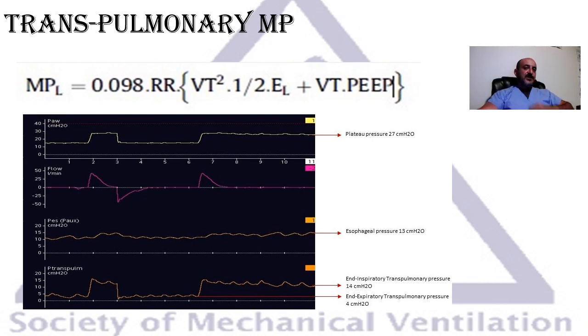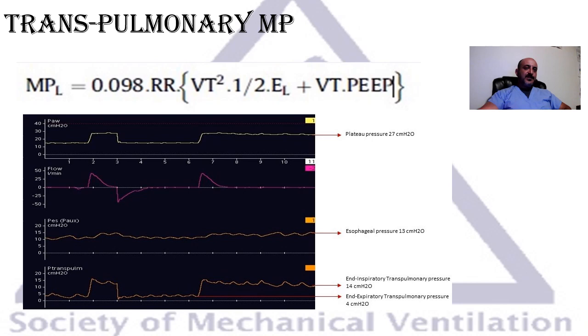And how do we get the elastance of the lung? Basically, elastance is pressure over volume, the reciprocal of compliance, or 1 over compliance. Compliance is volume over pressure.